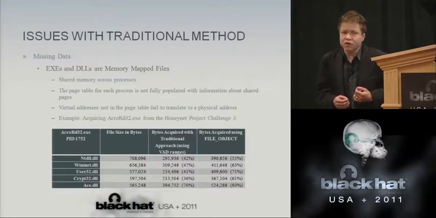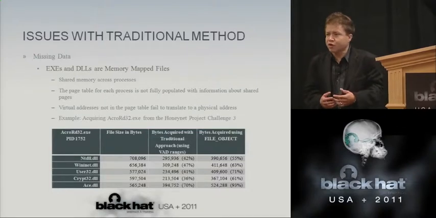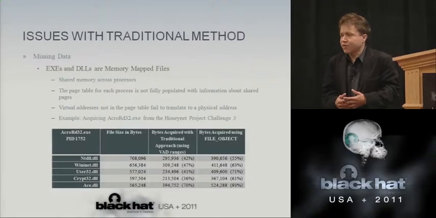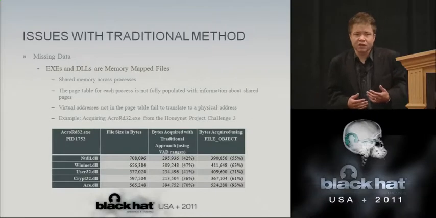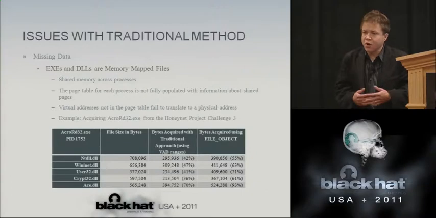Although it's shared across all the processes, the page table entries for that particular virtual address range aren't filled in every process. So there may be bits and pieces that are marked as valid and we can go get the data, but the vast majority of that range is actually a null PTE entry. So there are no artifacts describing where it exists in physical RAM.